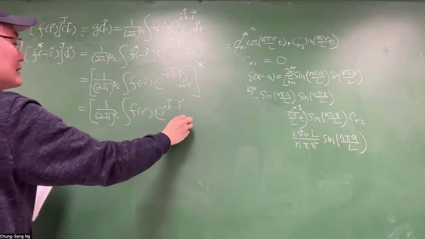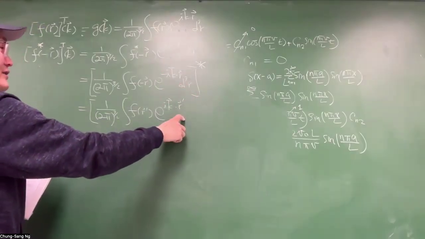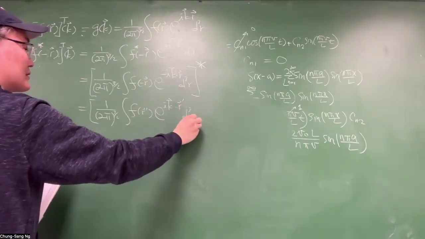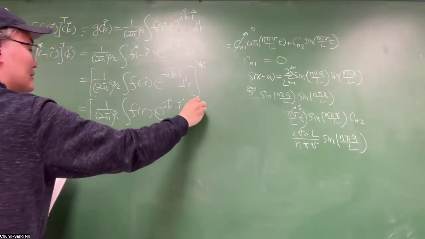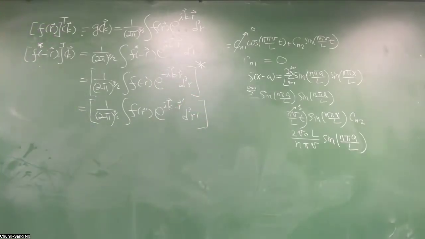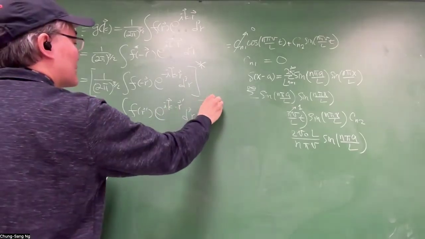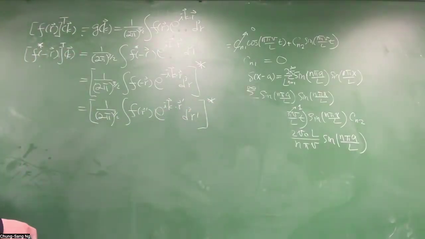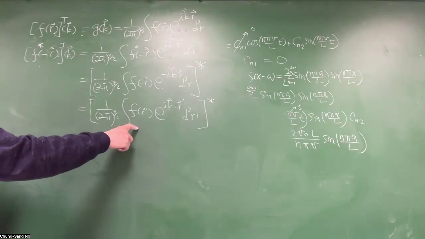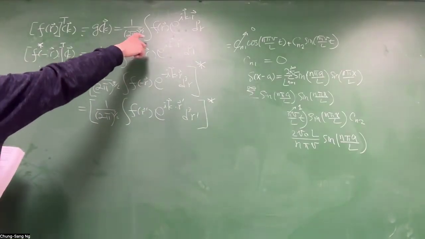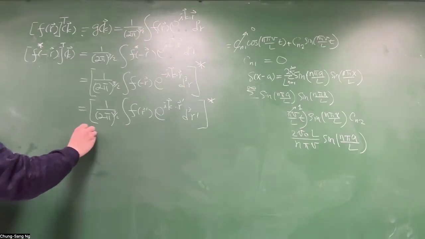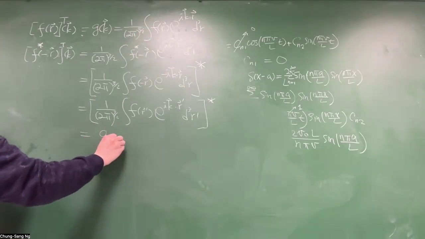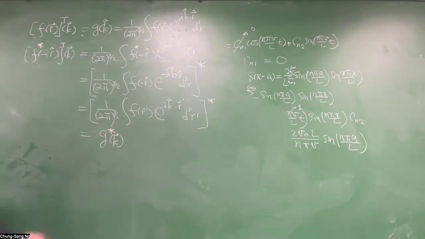And DQR is the same as DQ alpha, because this volume element doesn't change. It's defined positive. Now you recognize this is exactly this one. This is complete.